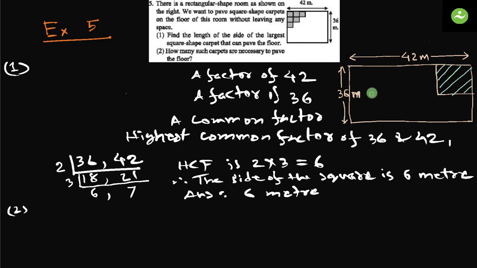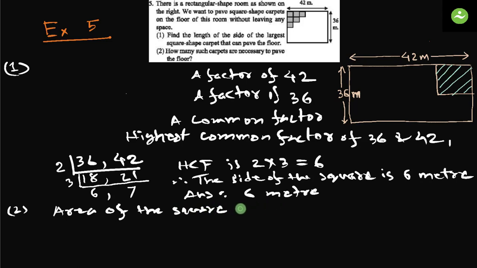So if we divide the area of the floor by the square area, we get how many carpets we will need. It's very easy. So let's find the area of the square.